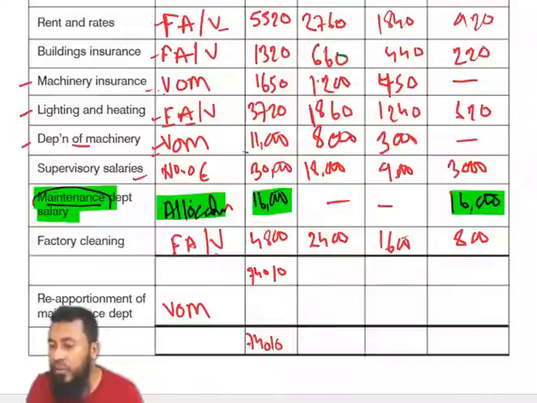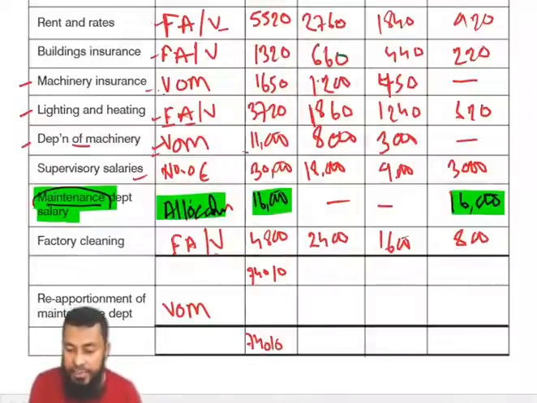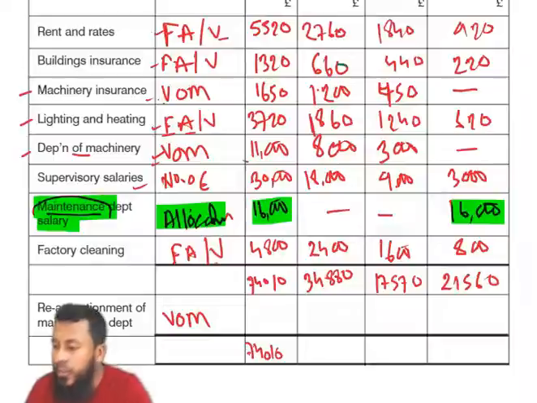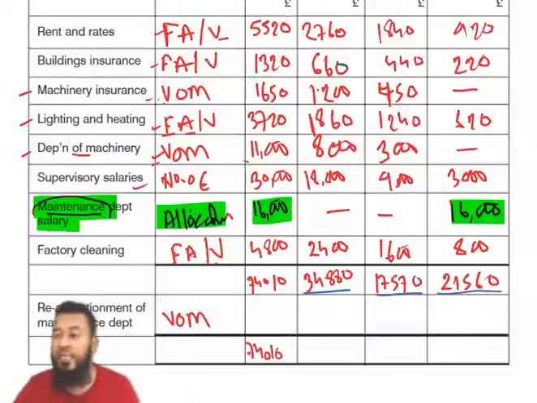The total here is 34,880 for machining, finishing 70,570, and for maintenance 21,560. That was our part A.